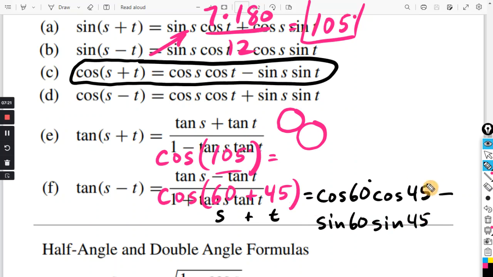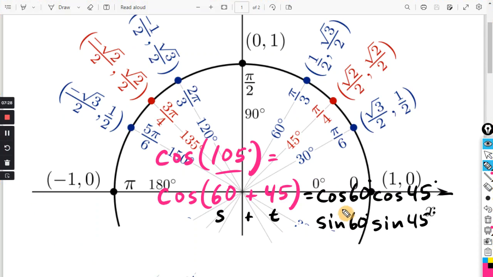Okay, those are all in degrees, so we'll use this unit circle now. All right, I made some room. Cosine of 60. Remember, the cosine is the x-coordinate, so go to 60. Cosine of 60 is 1/2.